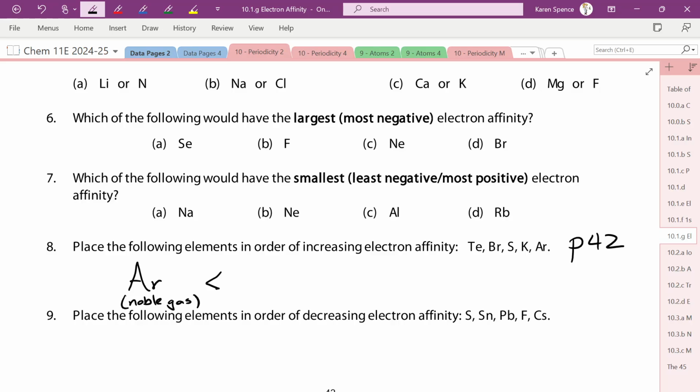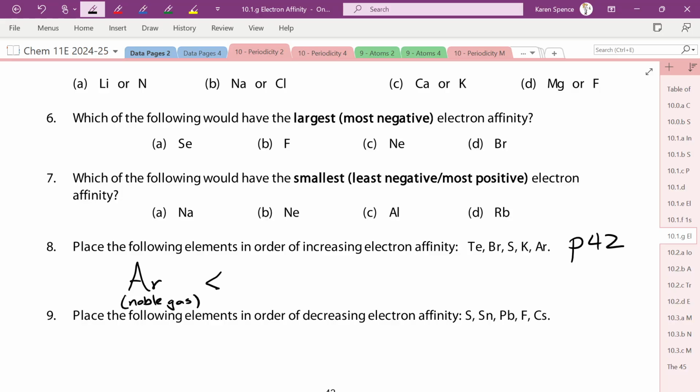Our greatest electron affinity should be at the top right of the periodic table, yes? So we have tellurium, bromine, and sulfur. I would say sulfur, then bromine, then tellurium, and then I would have K. How well do alkali metals accept electrons?